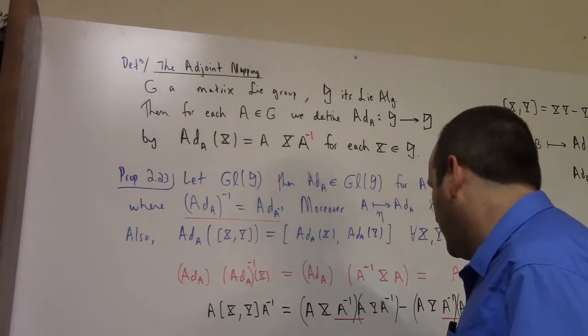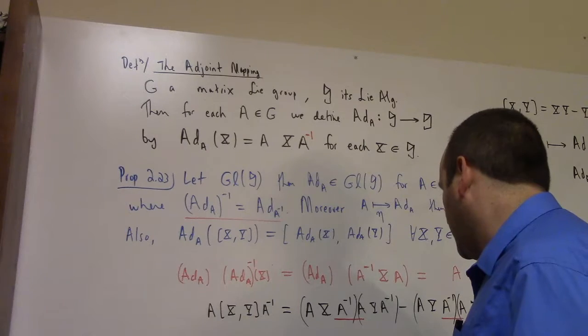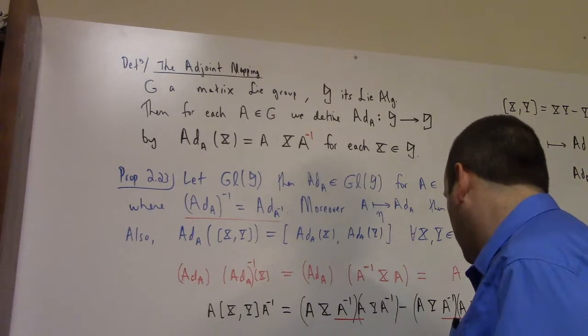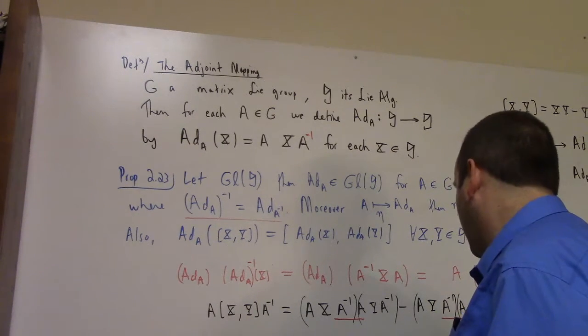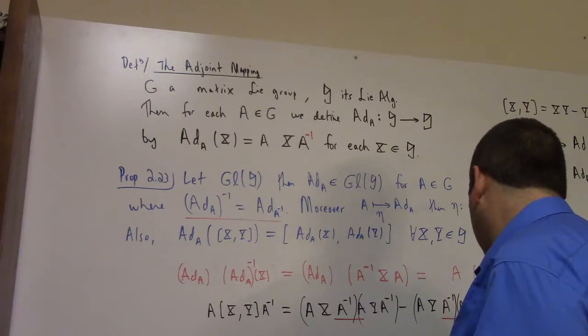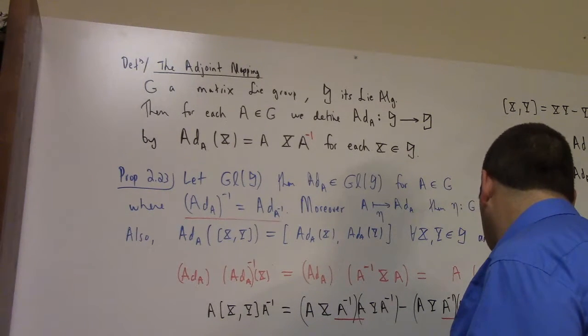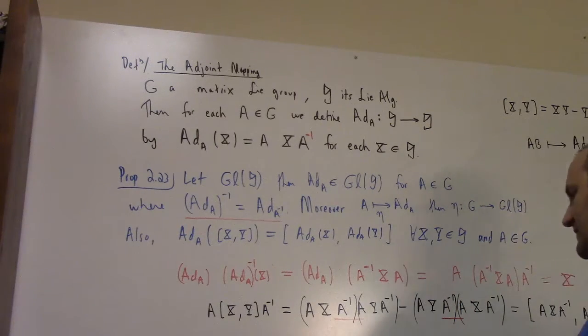We have psi of the commutator of x and y is equal to the commutator of psi of x and psi of y. So that's to say that psi is a Lie algebra homomorphism, I believe. So in fact, the adjoint of A is a Lie algebra homomorphism of the Lie algebra itself.